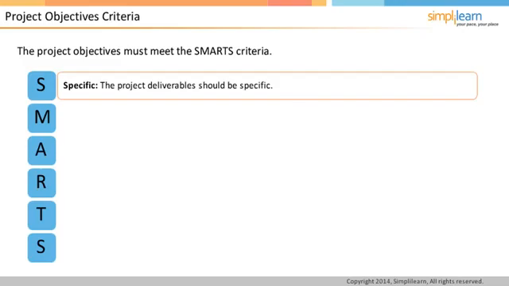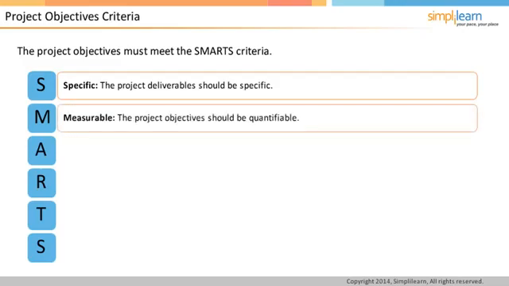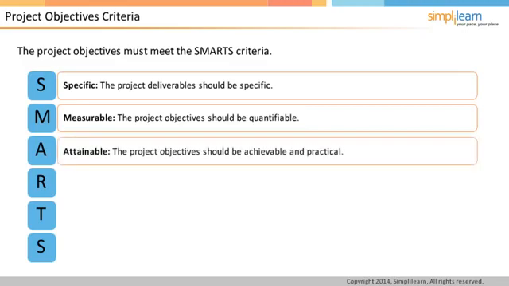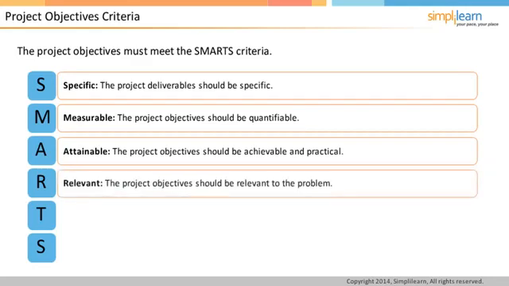The project objectives should be quantifiable. Example: setting the objective as fewer form rejections is very vague. Instead, reduce patient ID errors by 30% sets a specific goal. The project objectives should be achievable and practical. The project objectives should be relevant to the problem.